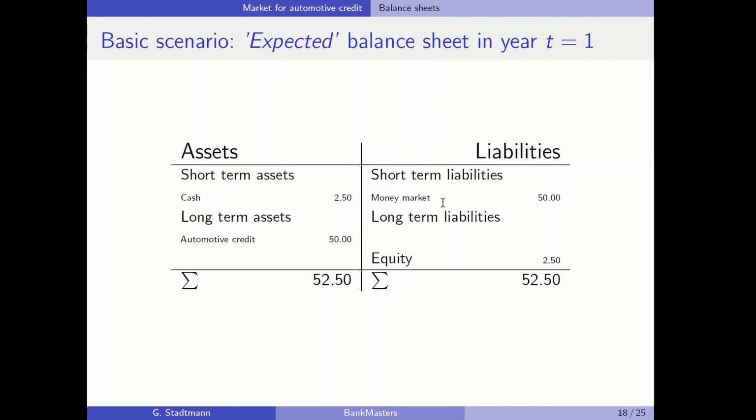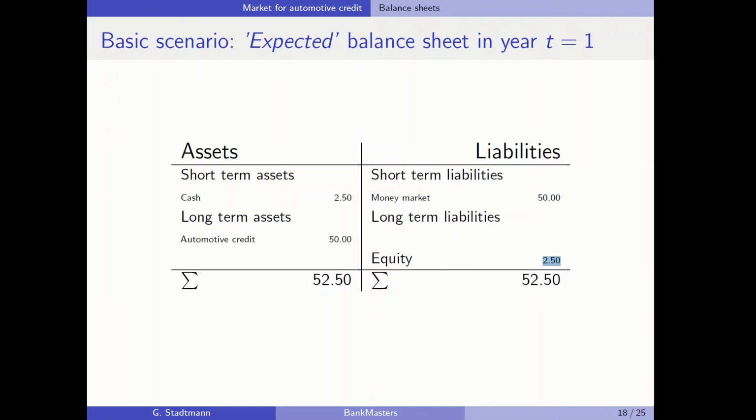So we have revenues of €5, cost of €2.50, so that the profit is €2.50. It will be the case that we have a cash inflow of €2.50 here, which ends up as a short-term asset. And also on the right-hand side, equity increases by €2.50.